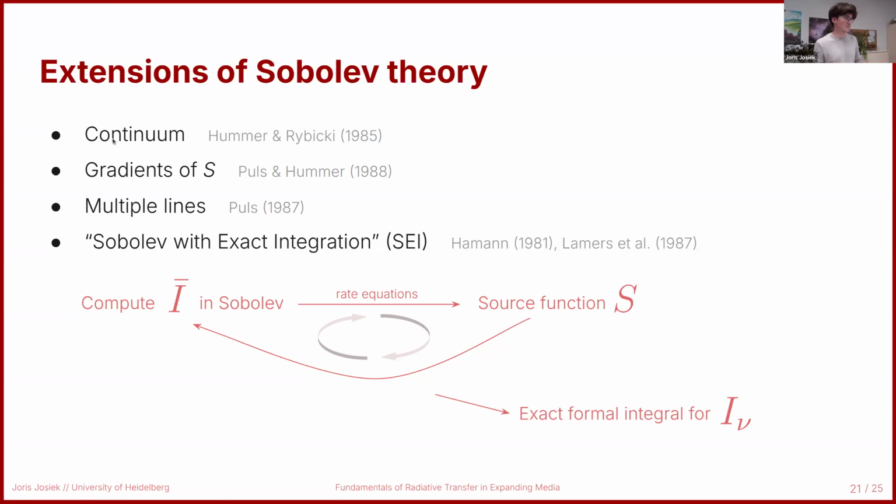So one important one, of course, is adding the continuum radiation, which has been done. The other is including higher terms of S, so gradients of S. So instead of saying, okay, source function is constant, you include terms that have some sort of source function gradient into the approximation. Then multiple line effects.